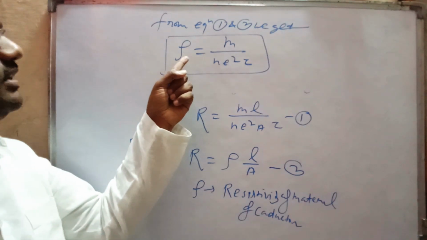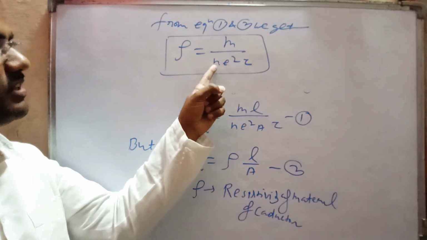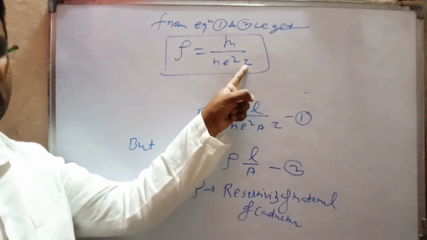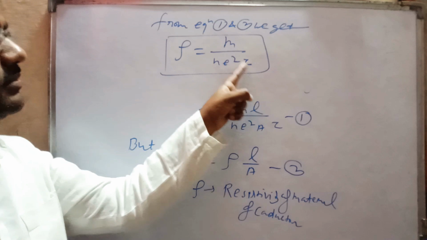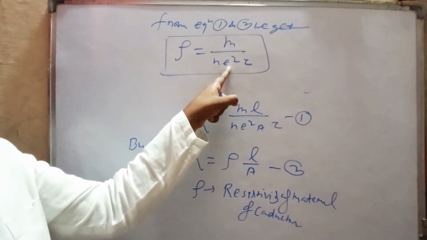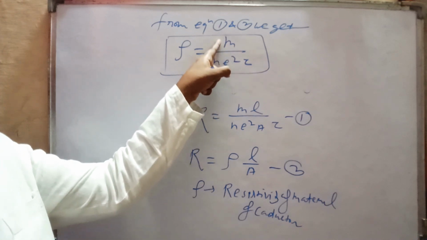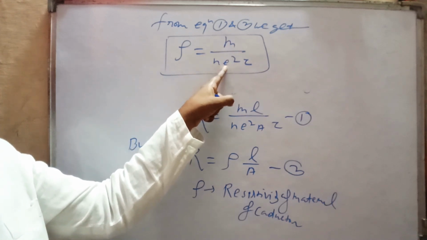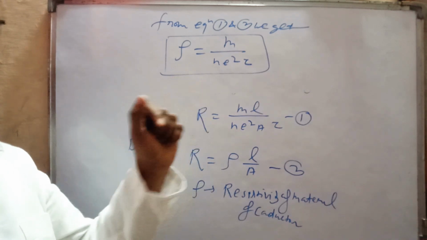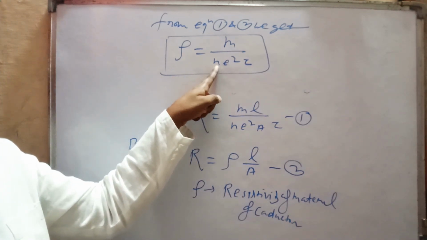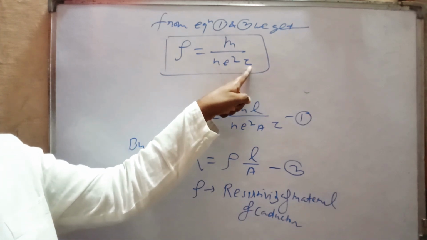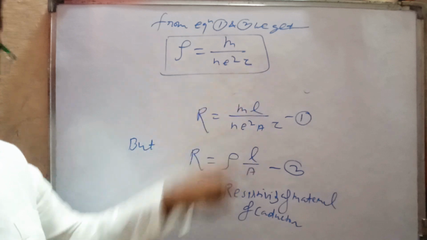That means resistivity of conductor depends on number density of free electron as well as relaxation time. Here m and e are the universal constant for the electron. m is the mass of electron, e is the charge of electron. That means mass and the charge of electron are everywhere same, but different materials have different values of n, and different temperatures have different values of tau.